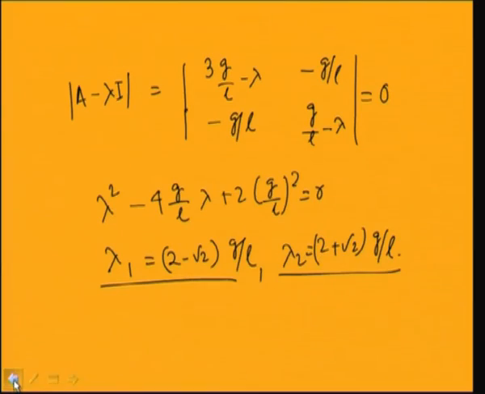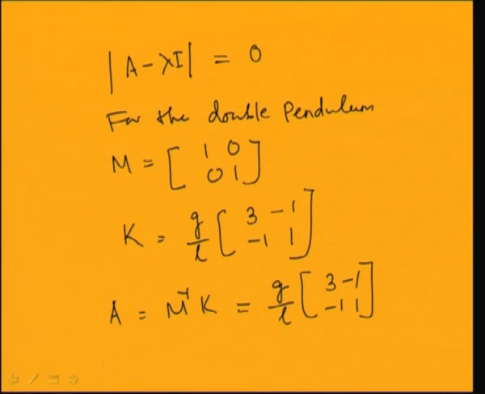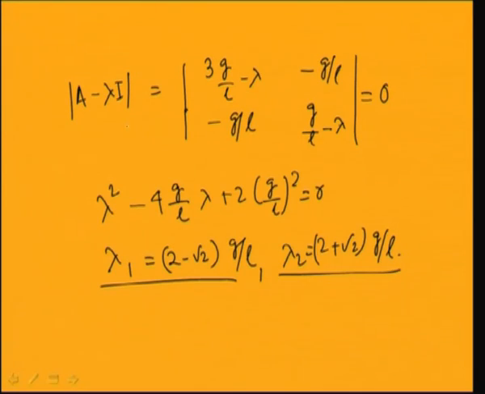So, you can find x1 by x2 at lambda equal to lambda 1. From the expression A minus lambda I times x1 x2 equal to 0, we get 3 G by L minus lambda into x1 minus G by L x2 equal to 0.